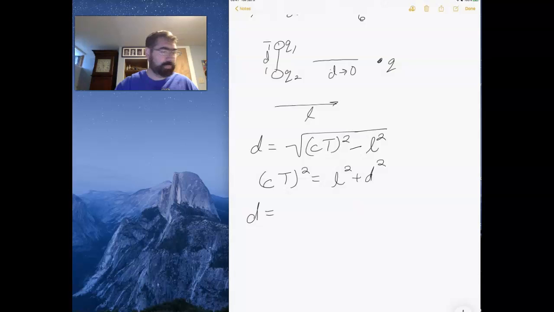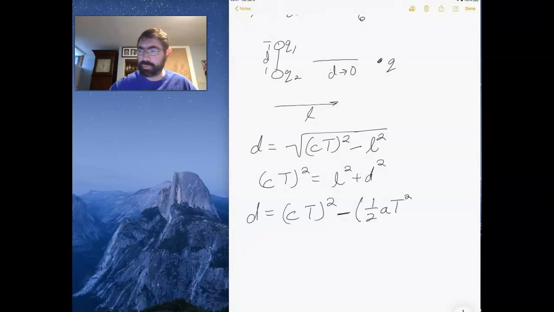d is the square root of the quantity ct squared minus L squared, and L squared we said was one half the acceleration times the time difference squared plus 1/6 the derivative of the acceleration times the time difference cubed plus ..., that quantity squared, and then I take the square root of this whole thing. So we want to get the distance d, the gap between the two charges, in terms of time.